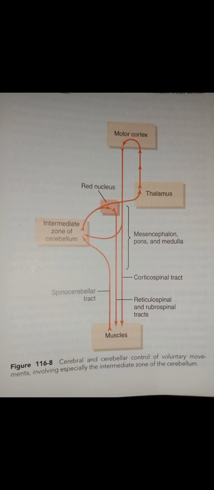Then cerebellar nystagmus, tremor of the eyeballs. Cerebellar nystagmus is tremor of the eyeballs that usually occurs when one attempts to fixate the eyes on a scene to one side of the head.